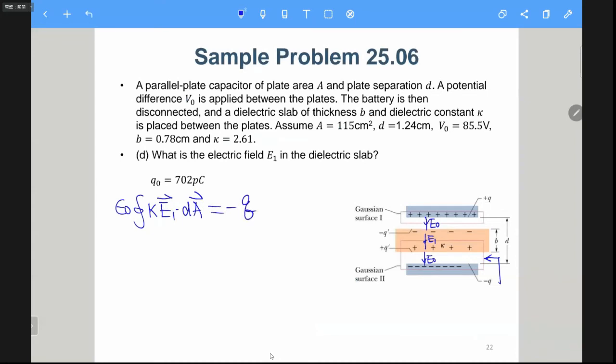This is pretty interesting. Although it says there will be some charge inside here, when we really count the charge enclosed, we don't count that Q bar because they are somehow like a dipole.